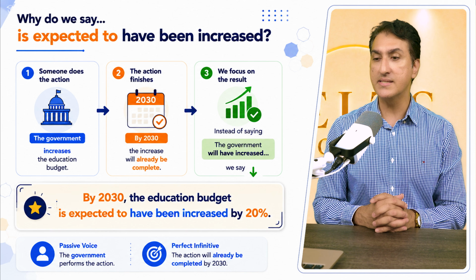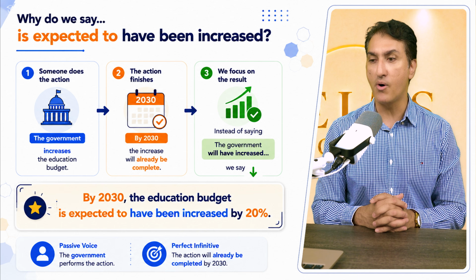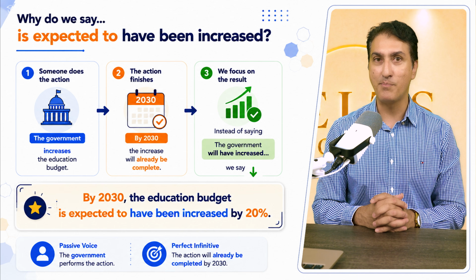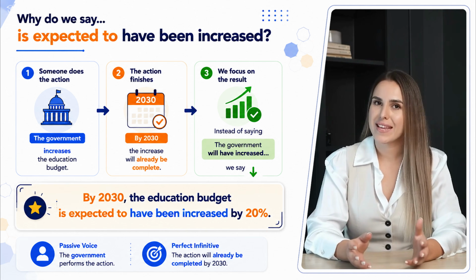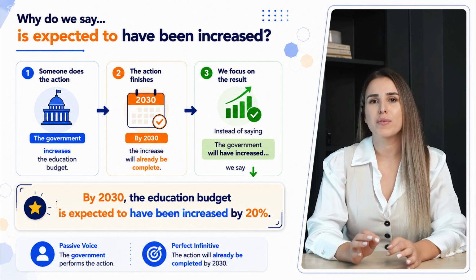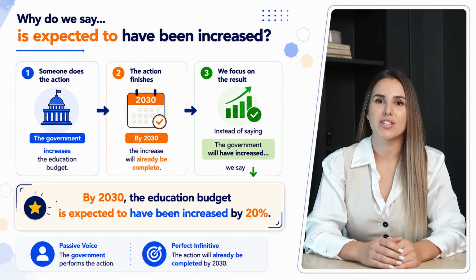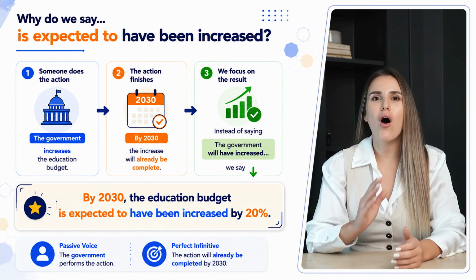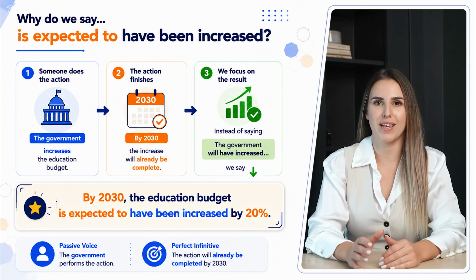So, we say, by 2030, the education budget is expected to have been increased by 20%. Wait, I think I see it now. The sentence is passive because the government performs the action. And it's completed because we're talking about what will already be finished by 2030.